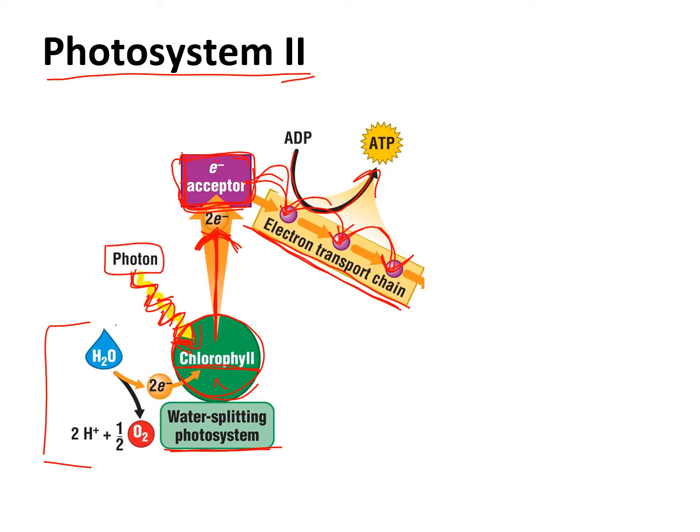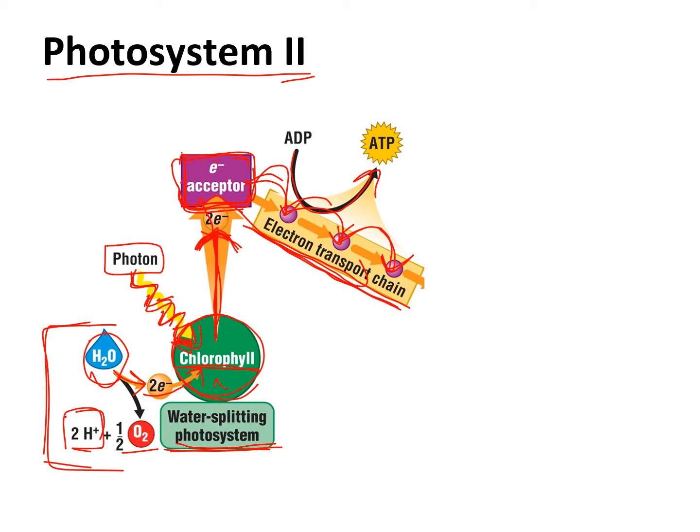And that is the role of water. So it's called a water splitting photosystem because when water is split, you're going to produce oxygen gas, and the hydrogen atoms are going to lose their electrons. Their electrons are going to be used to replace the electrons that are being lost to the electron acceptor and the electron transport chain, and then the hydrogen ions are left.